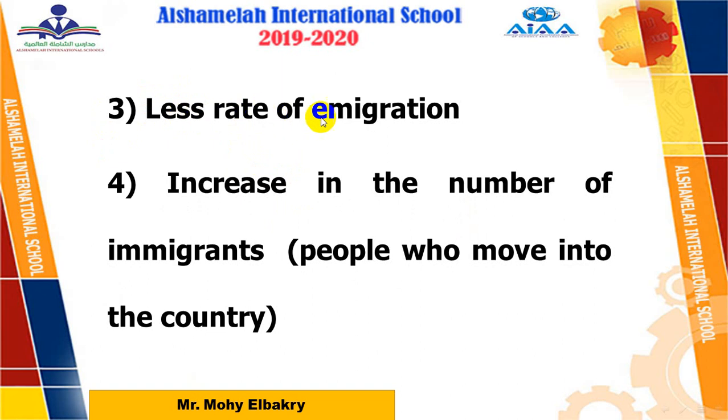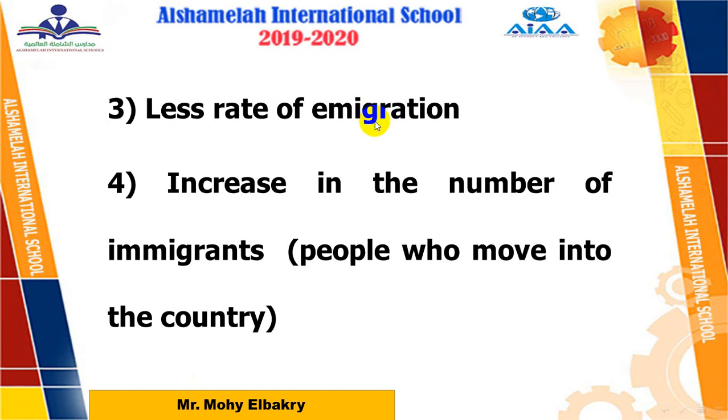Number 3, less rate of immigration. If you remember, I explained the word immigration in the previous lesson. We said immigration means moving from one place to another, from one country to another, from one city to another, and so on. So what does less rate of immigration mean? I'm going to give you an example.